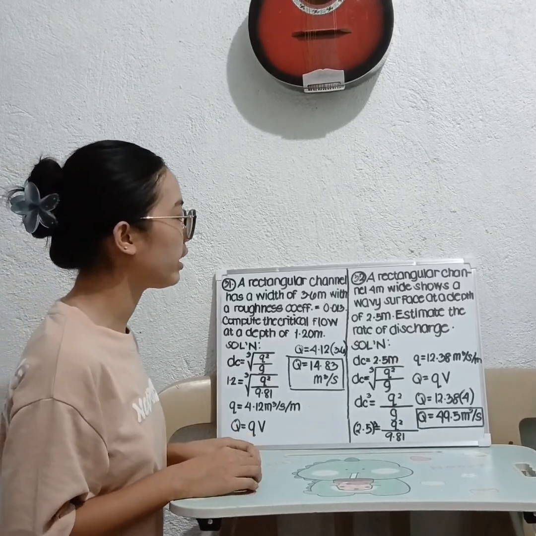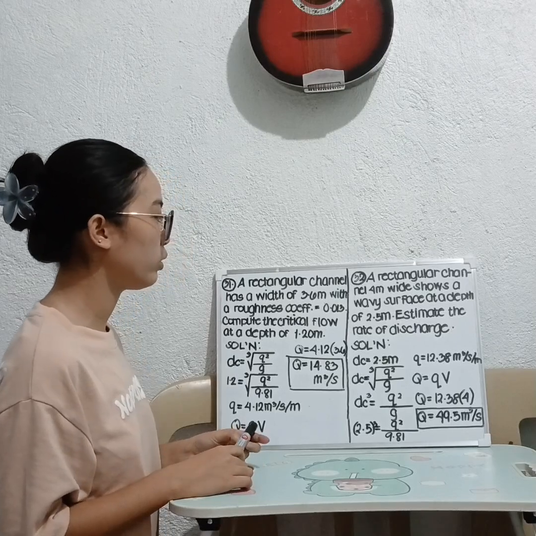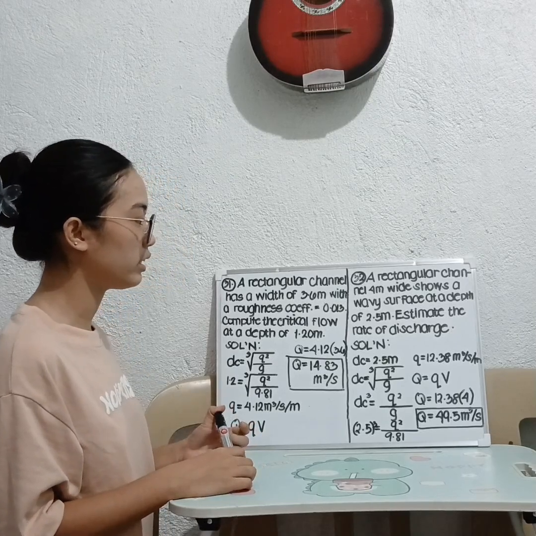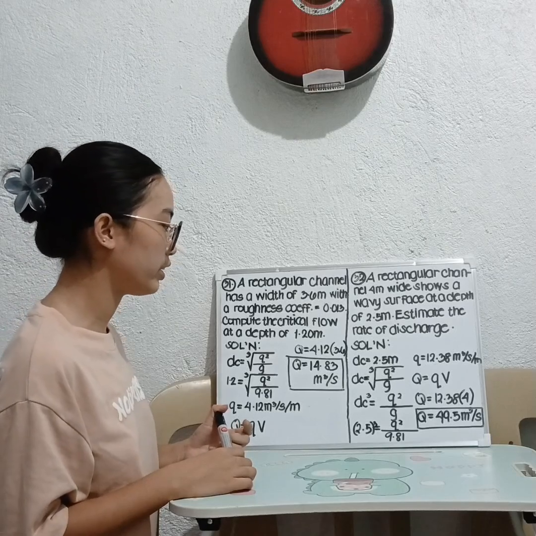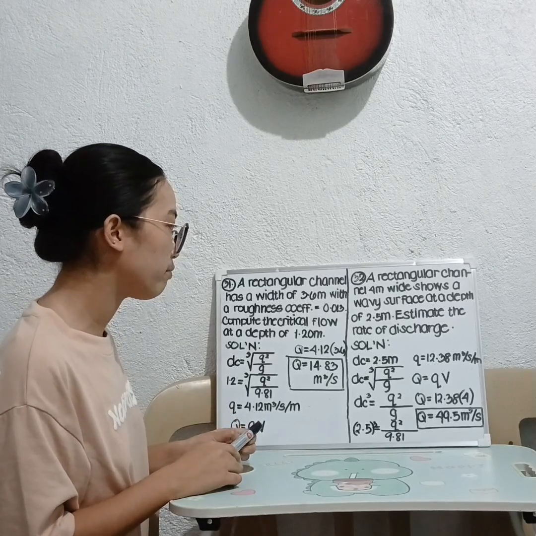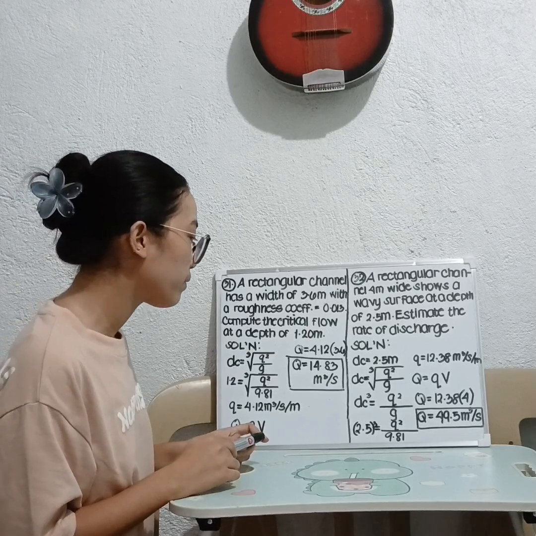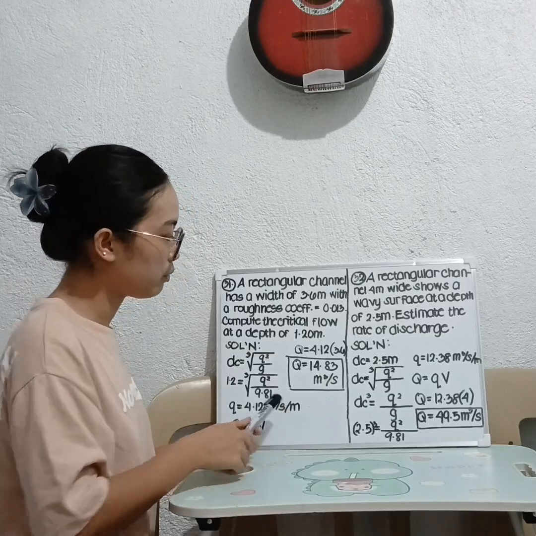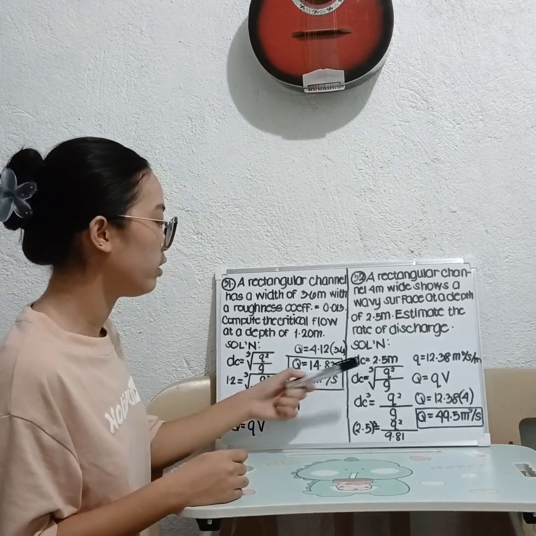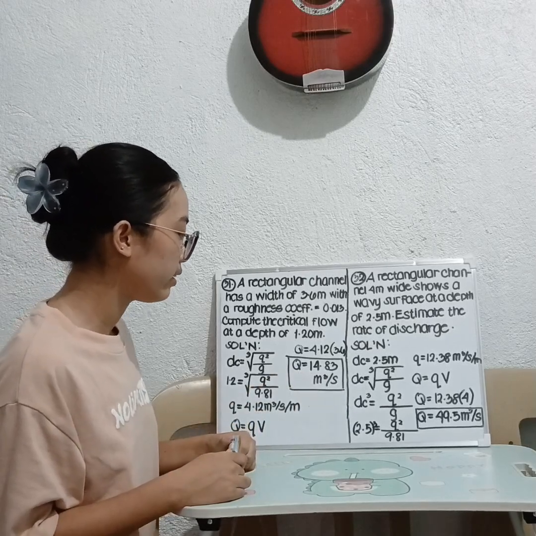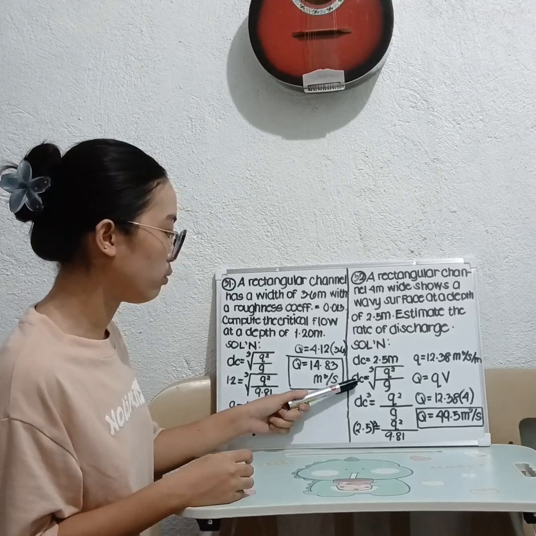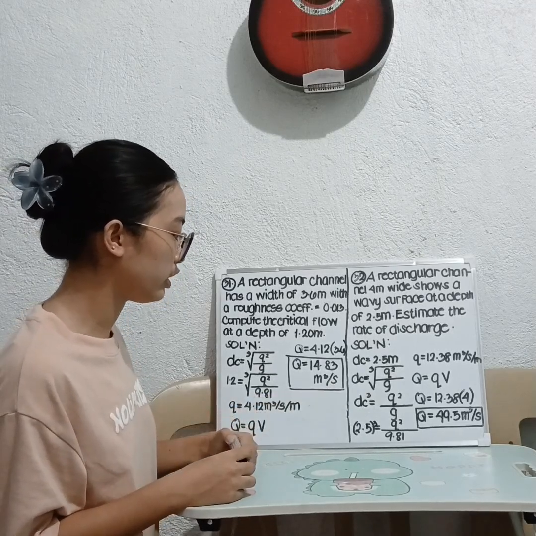A rectangular channel 4 meters wide shows a wavy surface at a depth of 2.5 meters. Estimate the rate of discharge. So we have critical depth of 2.5 meters. Then use the formula of critical depth is equal to cube root of q squared over g. Then we get critical depth cube is equal to q squared over g.